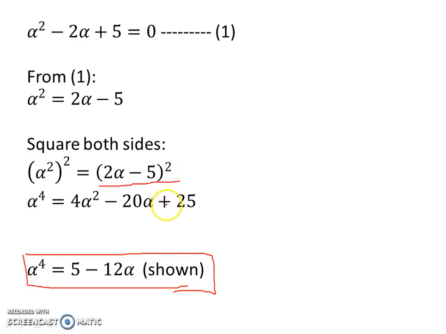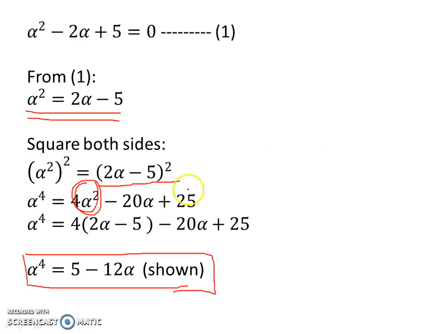But as you see from this statement to the target statement, what I need to do is get rid of this 4 alpha squared term. So once again I use this relationship to substitute 4 alpha squared away. 4 alpha squared is just 4 times 2 alpha minus 5, minus 20 alpha plus 25.